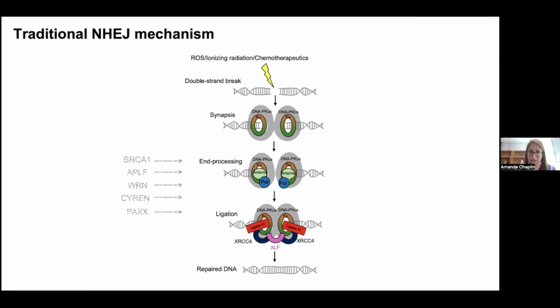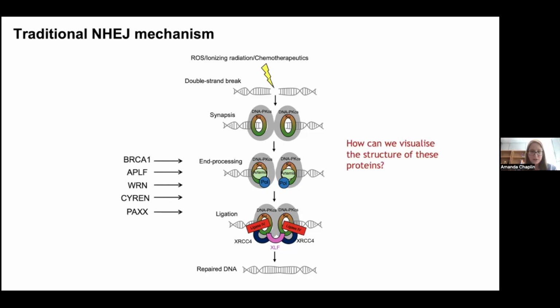But of course, over the years, people have identified many accessory and regulatory proteins which are also involved in this mechanism. So my group mostly uses structural biology to understand the molecular details of this particular mechanism. And we want to be able to visualize these proteins and understand exactly how they're coming together and repairing DNA breaks. So how can we visualize the structure of these proteins?